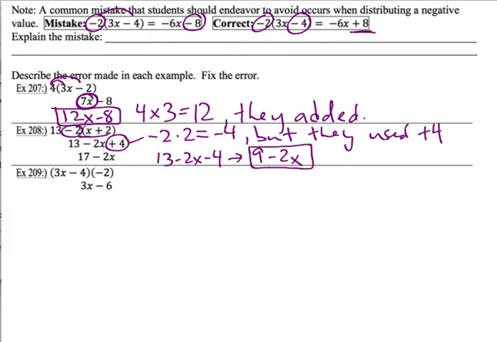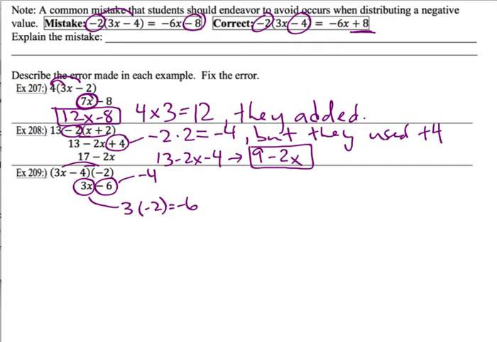Okay, example 209. If we distribute the 2 here, negative 2 times 3 is not 3. There's a mistake there. And negative 2 times negative 4 is positive 8. There's 2 mistakes. This is 3 times negative 2 should be negative 6, but they did a 3.